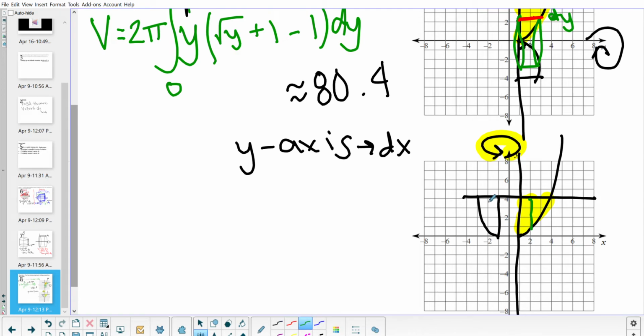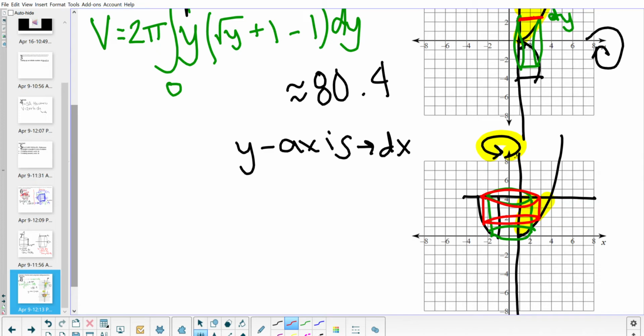Here's a shell. Let me draw another shell in red. So here'd be another one. Not as tall, but actually wider.